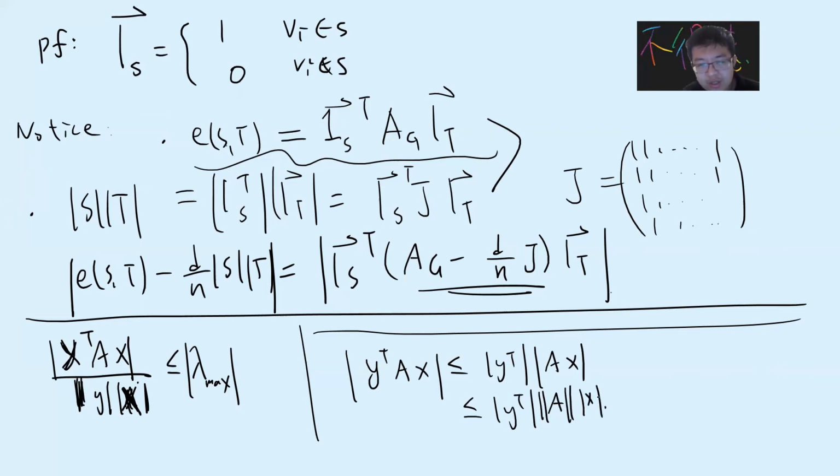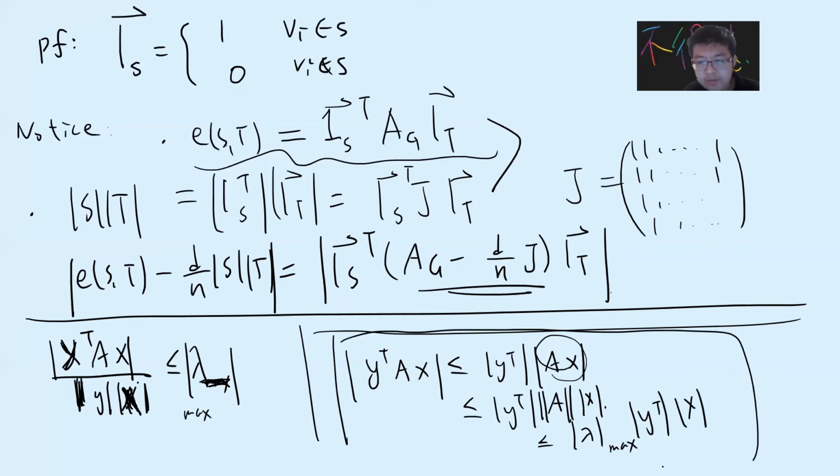So it can be bounded by the largest magnitude of eigenvalue, the max of the absolute value, times the norms of y and x. This is what you got, exactly the same as this.